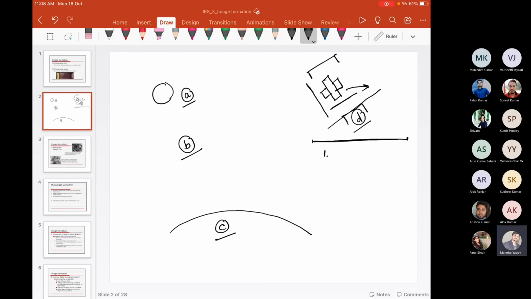First one is the types of sensing system. It can be called a sensing or scanning system.